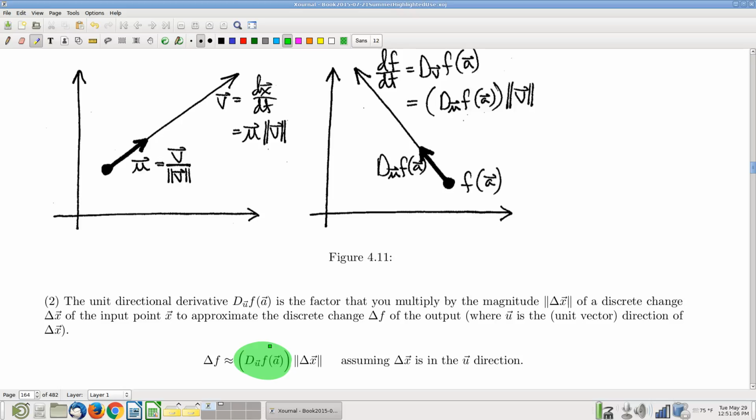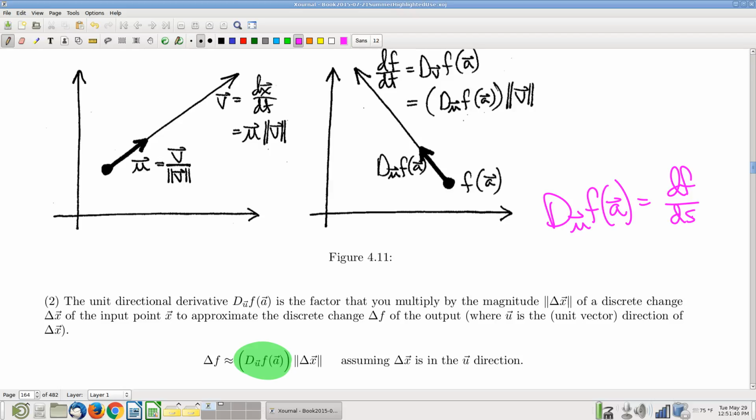What this says is that this unit directional derivative is telling you the change in the function per unit distance traveled in the domain in the given direction. So it's the rate of change of the function with respect to distance. You might even write it then as df ds. This is a common thing to write down. So D_u f is df ds. How fast is this function changing per unit distance traveled?